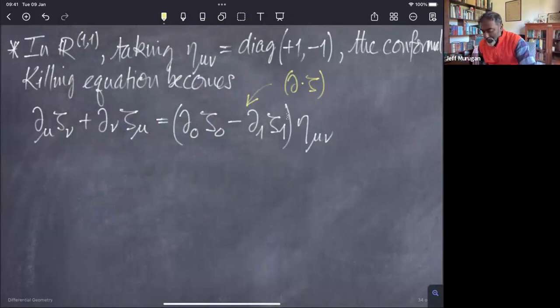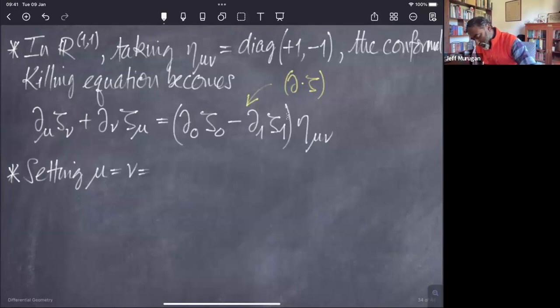So now I have mu and nu as free indices in the story, and I get to choose which ones to work with. I'm going to start off by setting mu and nu equal to 1, in which case I get d1 zeta 1 plus d1 zeta 1. That's two d1 zeta 1s, and then I've got one of those on the right hand side that will cancel. So let's do this explicitly.